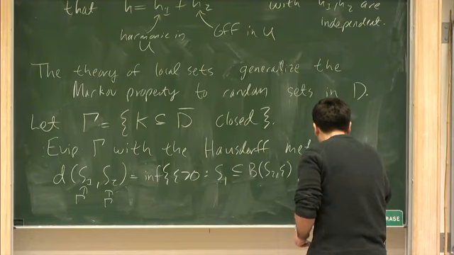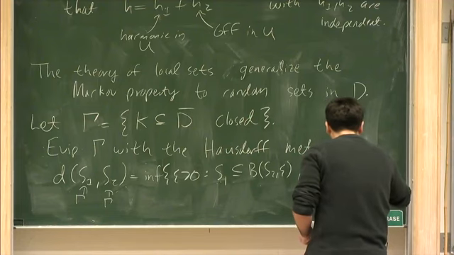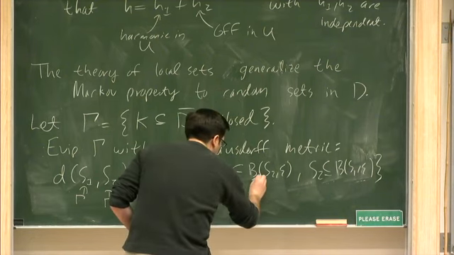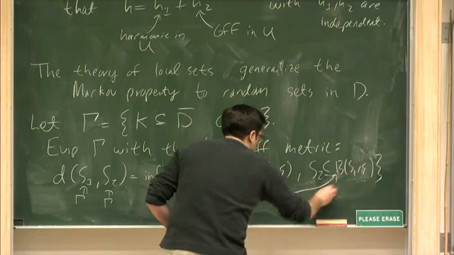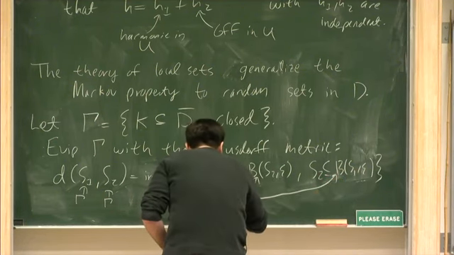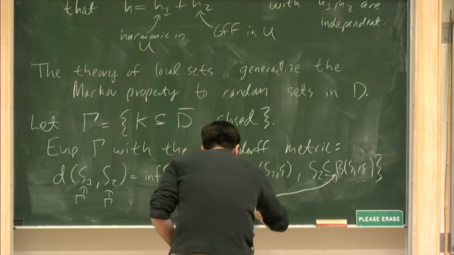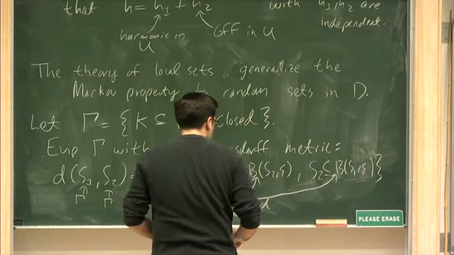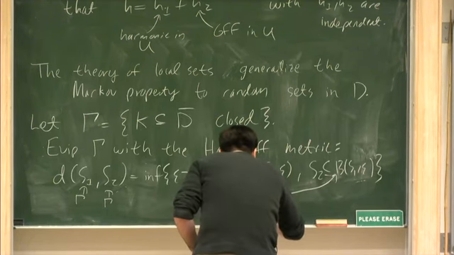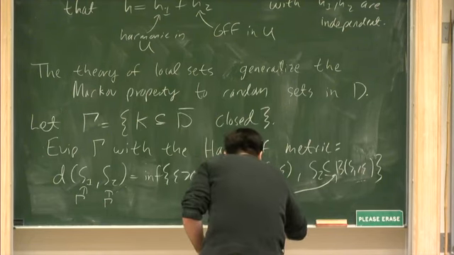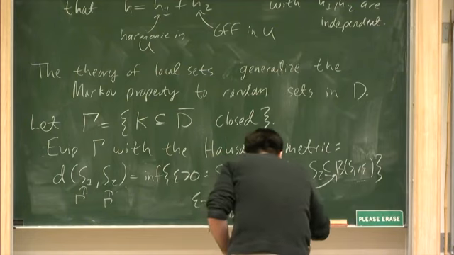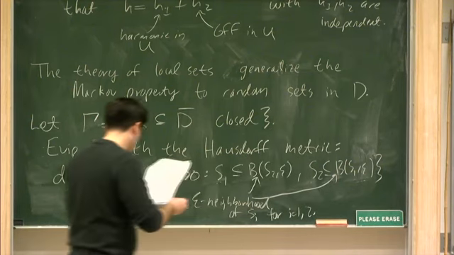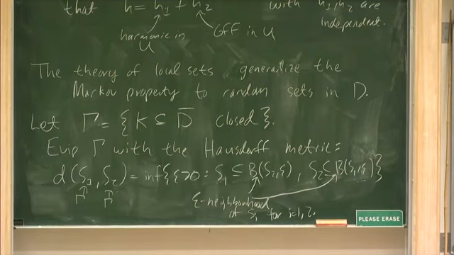So, okay, this is using this notation here for the epsilon neighborhood of Si for i equal to 1, 2. Okay, so that's our space.